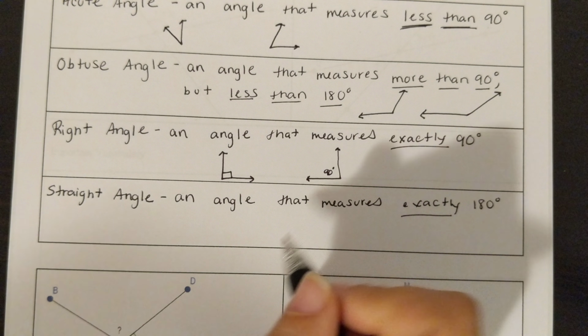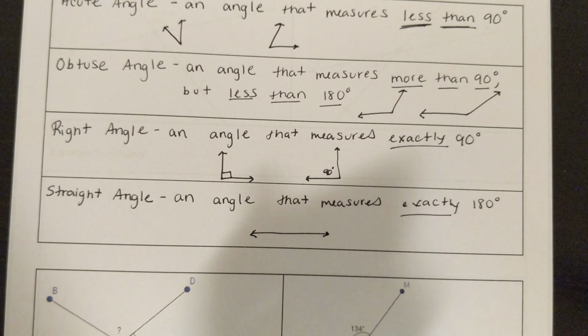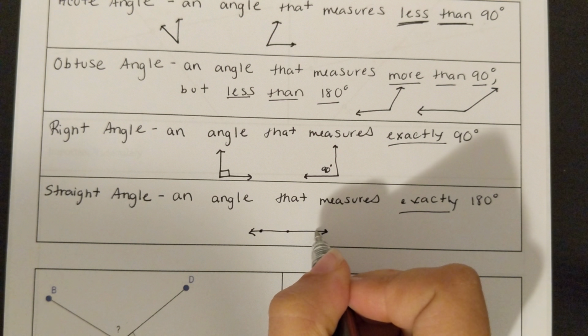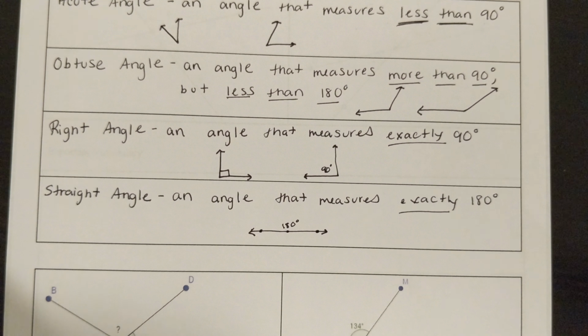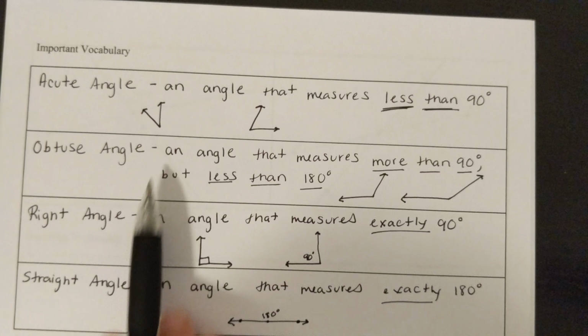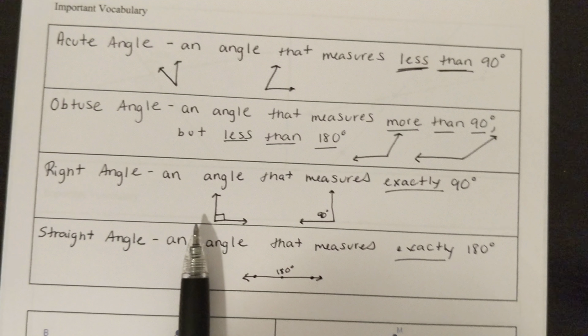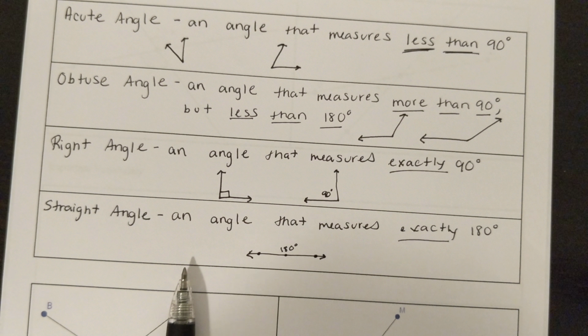It looks similar to a straight line. It'll have 3 points. The vertex is always in the middle, but this is always 180 degrees. So acute angles are less than 90. Obtuse angles are more than 90 but less than 180. A right angle is exactly 90 degrees, and a straight angle is exactly 180 degrees.